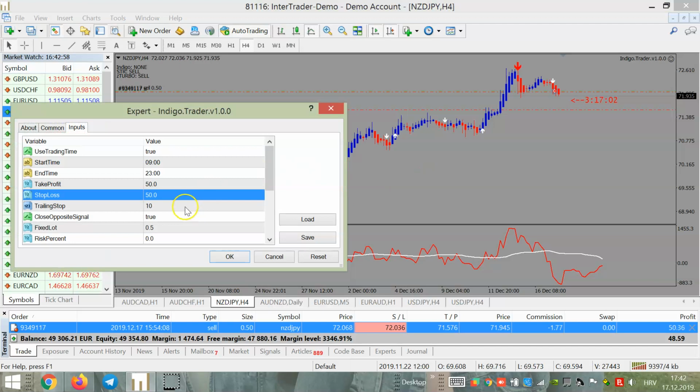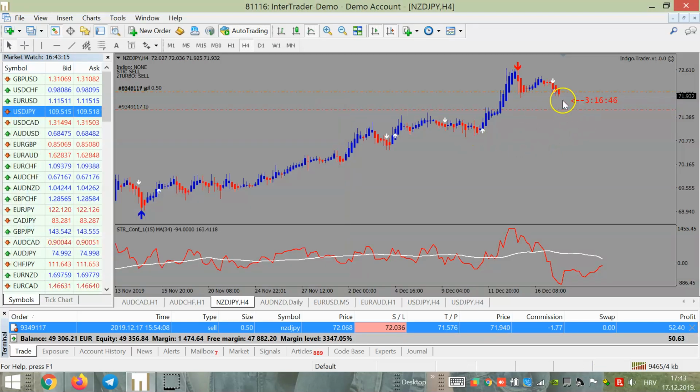So you see, close opposite signal, true. Because if the opposite signal comes before the take profit of, let's say, 50, it will close before. So it's also good.